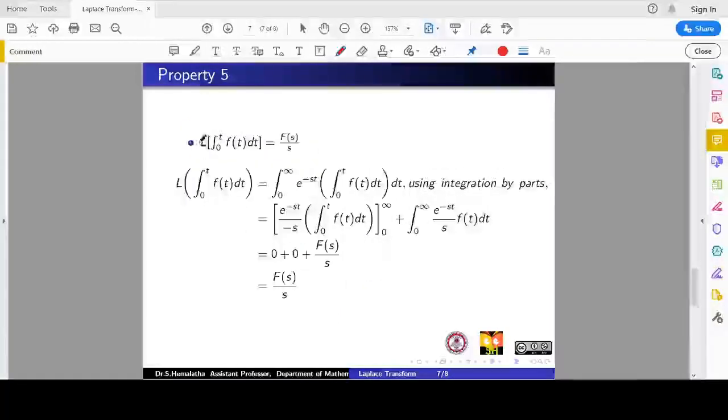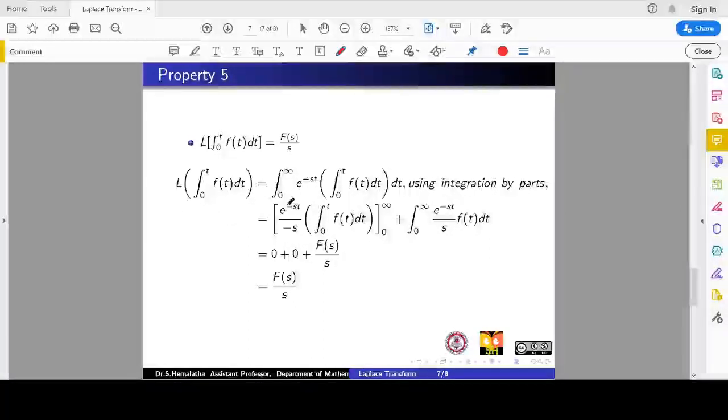Again, when you talk about Laplace of derivatives, Laplace of integral is to be discussed. So Laplace of an integral starting from zero time. That is what is required practically. We need to integrate from zero time to some particular time. So we need Laplace of the integral from 0 to t of f(t) dt. Then we can simply write it as F(s) by s. So again find the Laplace of the function of t, divided by the parameter s. This again can be proved by integration by parts.